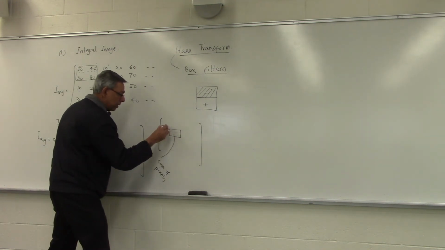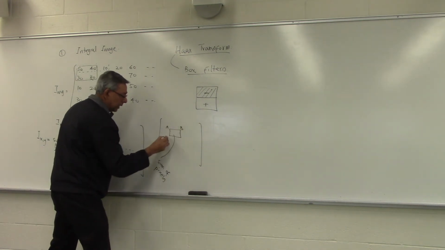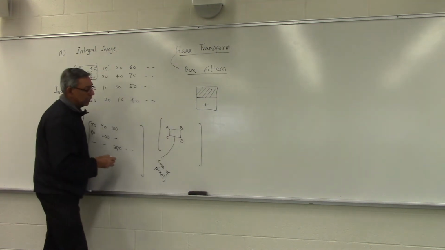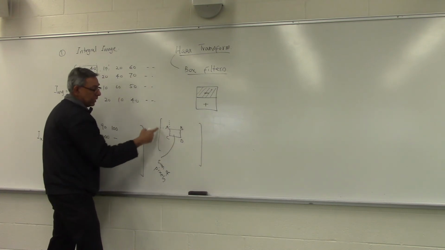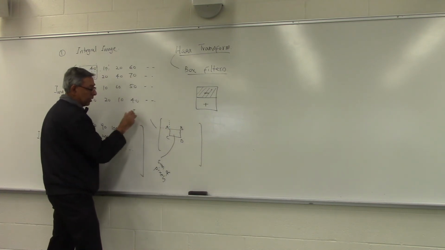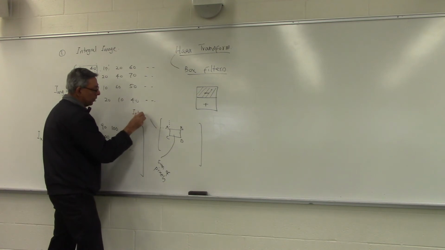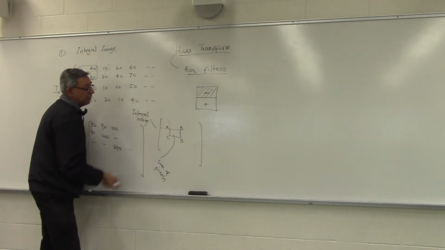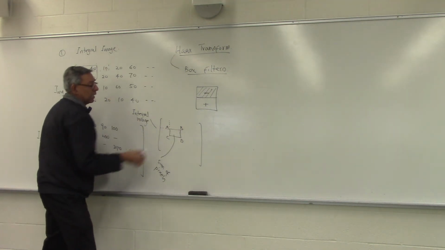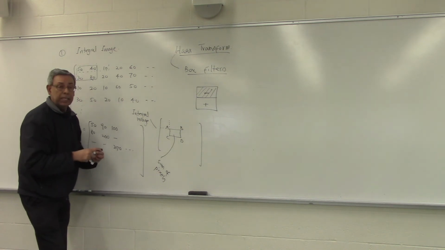Suppose I call these points A, B, C, D. And pretend this is the integral image. We've already computed the integral image. From this integral image, our goal is to find the sum of pixels in this box called ABCD.